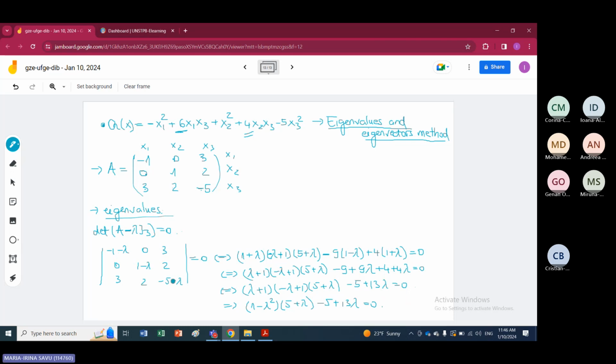Okay, is it correct? So you have this one plus 0, plus 0, minus 9. So it's correct. So we have to make some computations here.